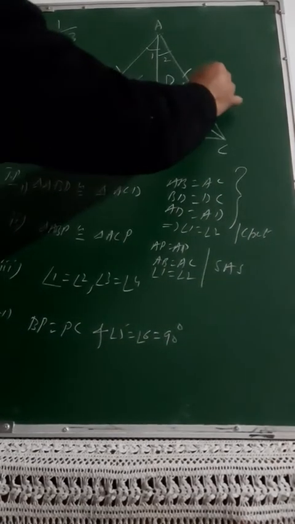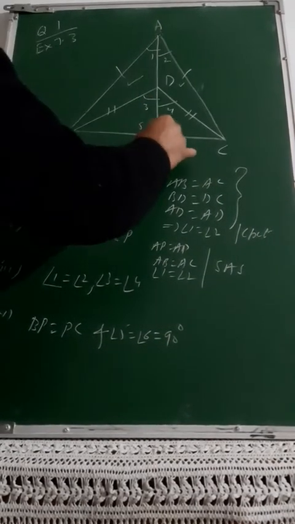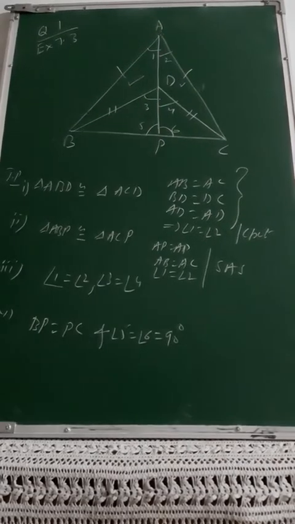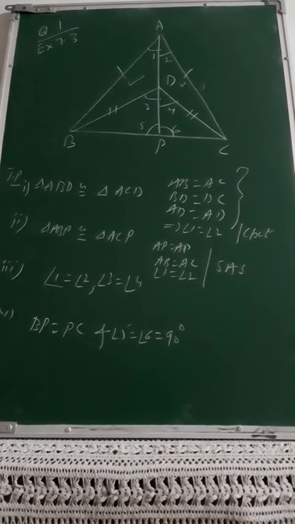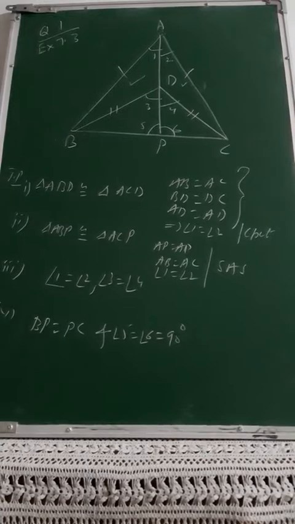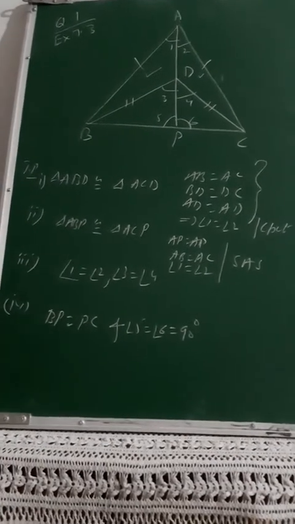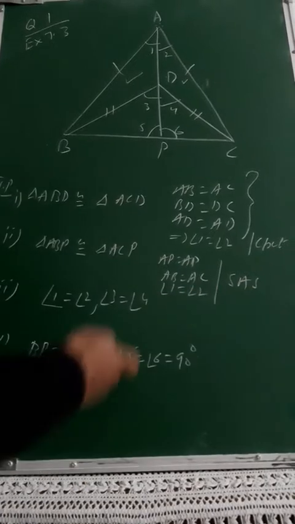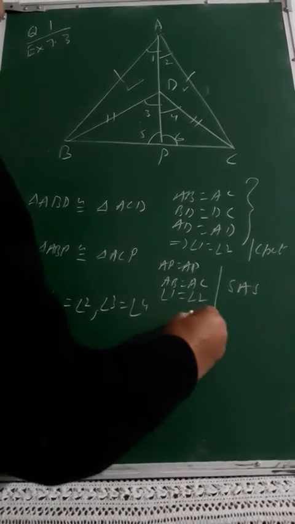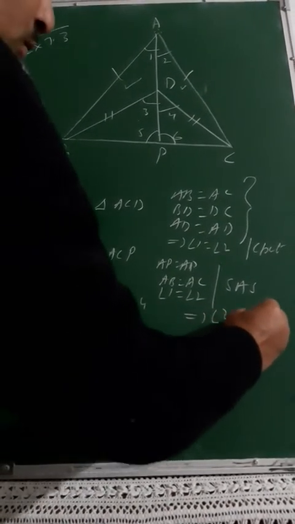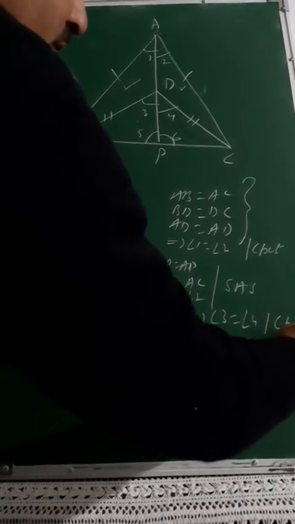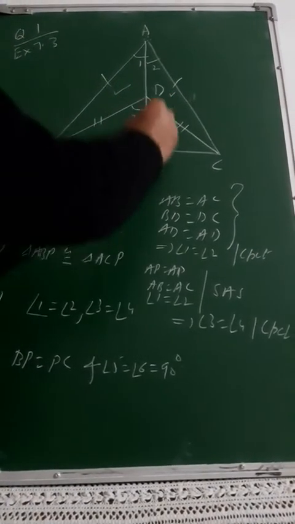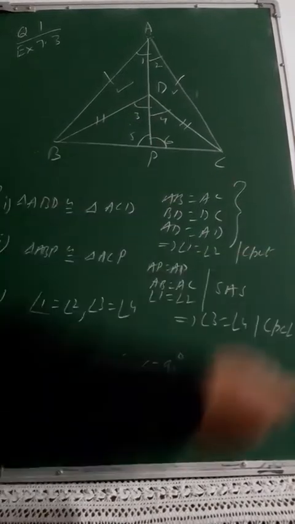This side is equal to this side, this is the common side, and this angle is equal to this angle. So these two triangles are congruent by SAS. Therefore I can say angle 3 is equal to angle 4, again by CPCT. Once you have proved these two triangles congruent, then 3 will be equal to 4.